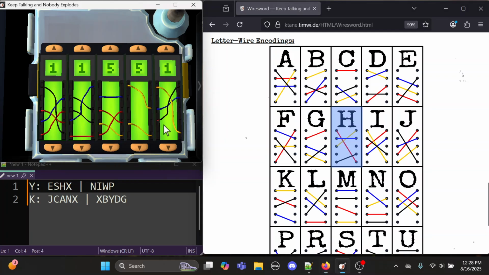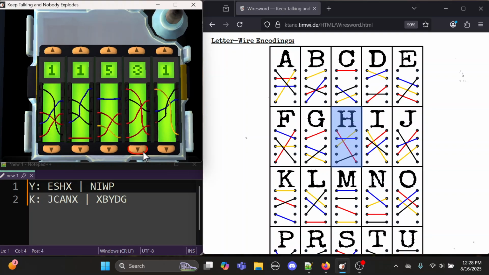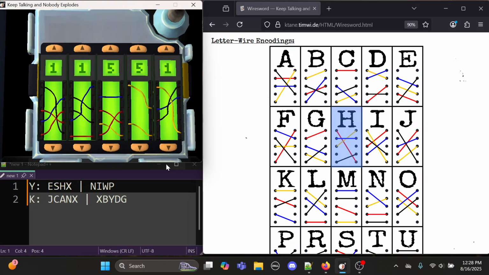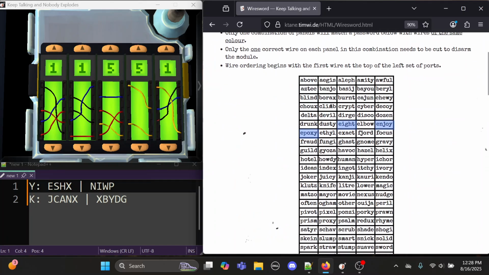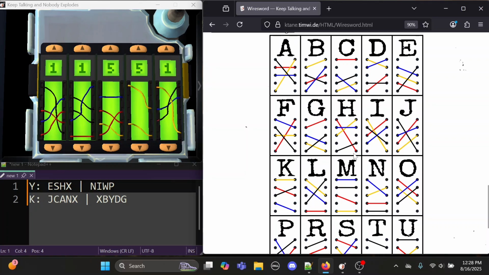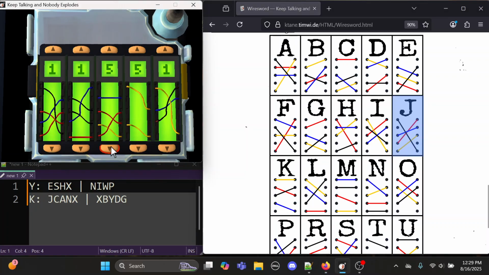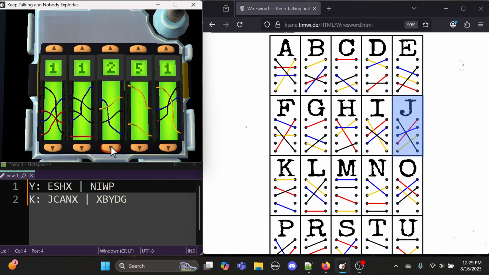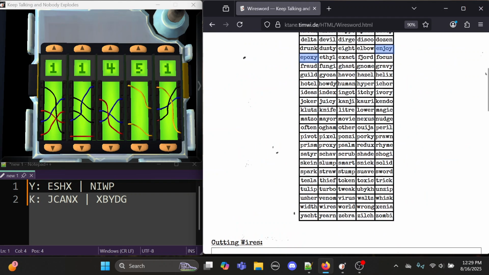So let's find hotel in the 4th position. It is a 3 to 1 for yellow. It does not exist, so therefore this is not an option. 8 is not a potential. Let's find Juliet in the 3rd position. It is a 5 to 3. It is not an option, so it's not enjoy.